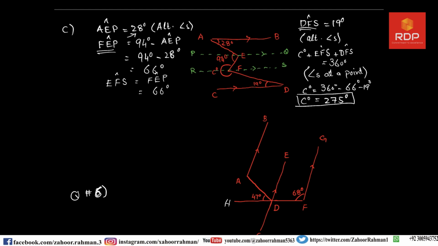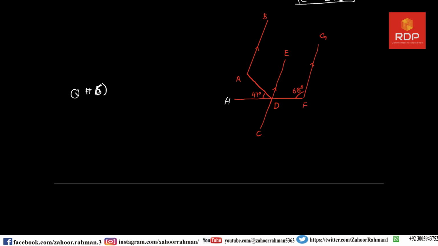And DFG is equal to 86, which is this one. So these are all the information we are having, and we have to solve this question in the context of this.